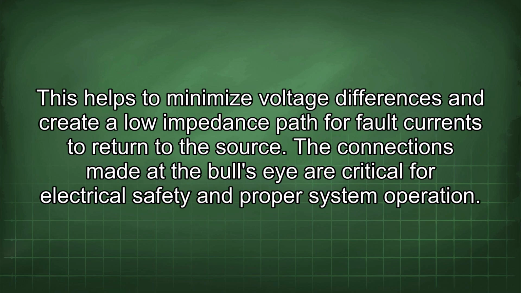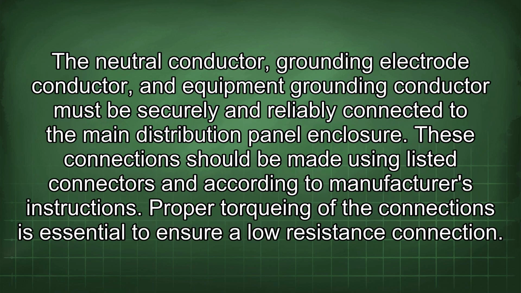The connections made at the bullseye are critical for electrical safety and proper system operation. The neutral conductor, grounding electrode conductor, and equipment grounding conductor must be securely and reliably connected to the main distribution panel enclosure. These connections should be made using listed connectors and according to manufacturer's instructions. Proper torquing of the connections is essential to ensure a low resistance connection.